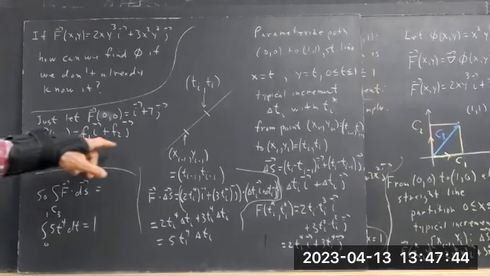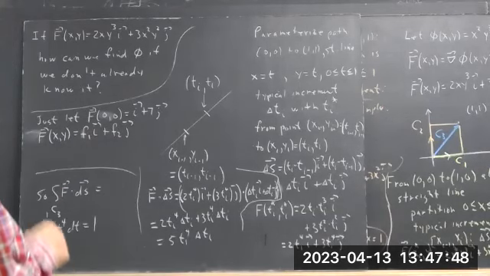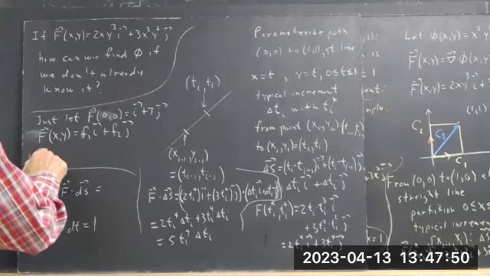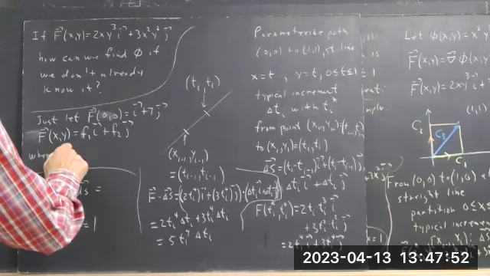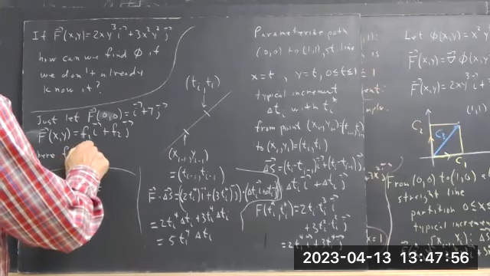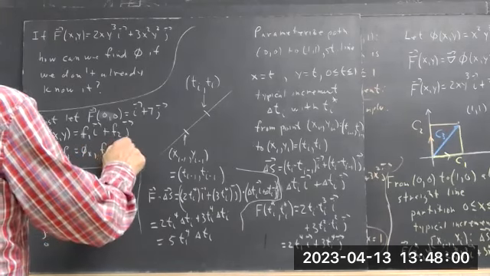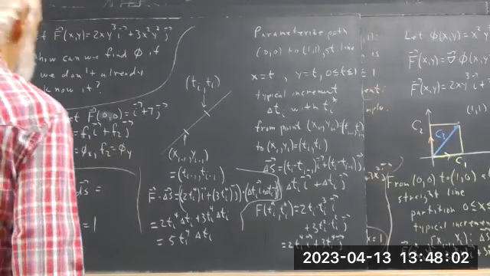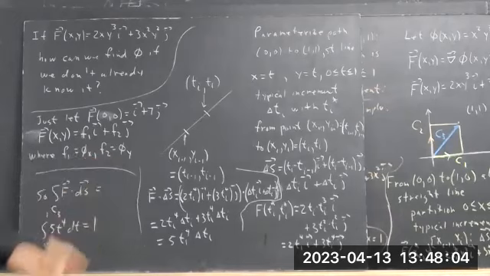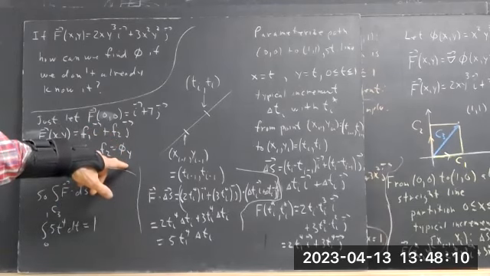The next line is going to be F1 i plus F2 j. F1 is phi sub x, the derivative of phi with respect to x. F2 is the derivative of phi with respect to y.